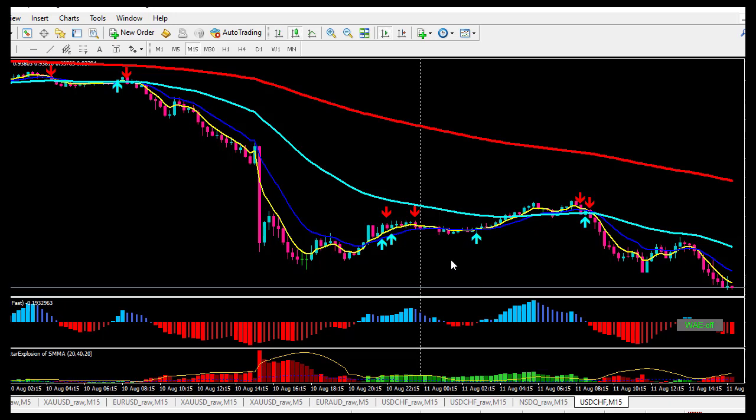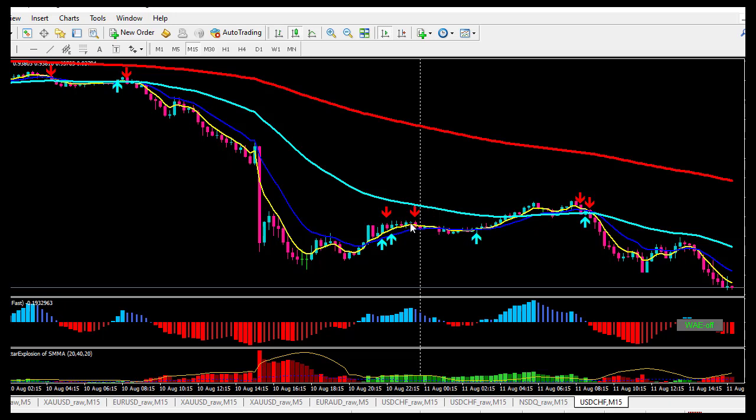So if the candles, the market is actually below the 200 moving average, the only thing we look out for is a sell. And now this is 11th of August.